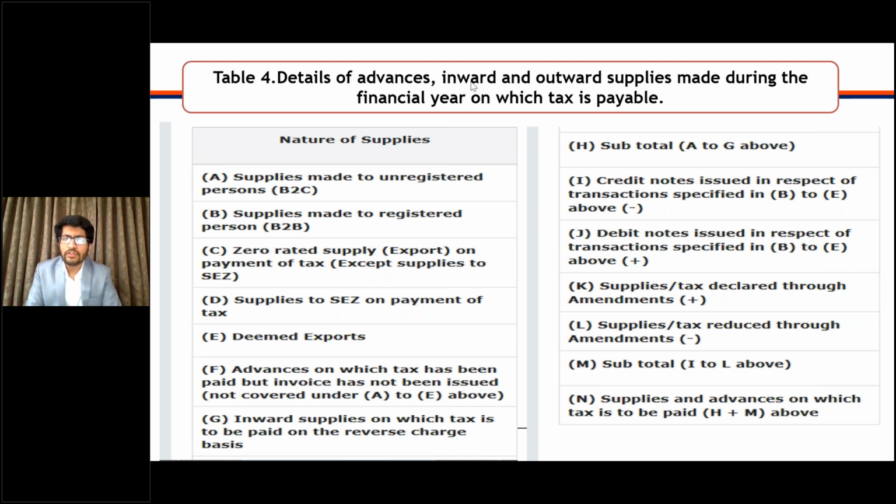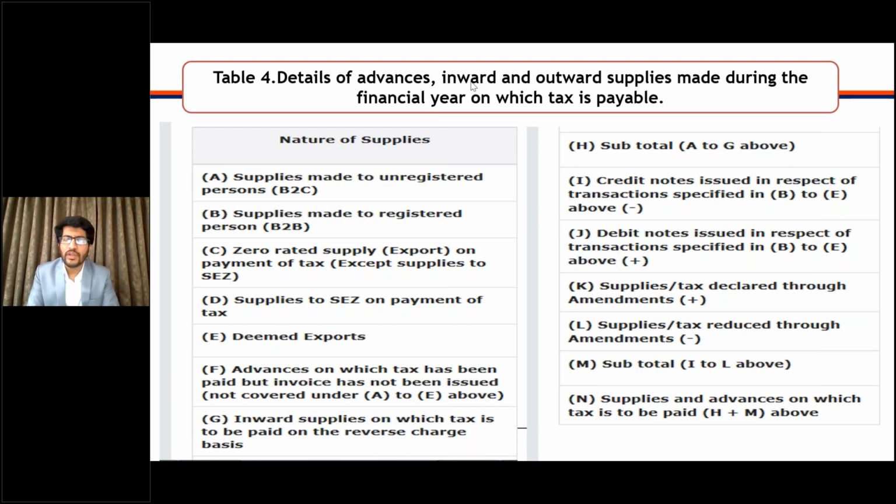Here, important words to focus are supplies made during the financial year. On basis of this, we come to our conclusion that the primary data source is audited financial statements. Whatever supplies are made during the financial year are to be disclosed in this table, on which tax is payable.